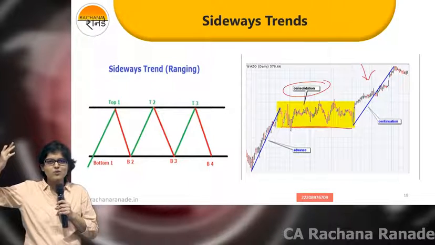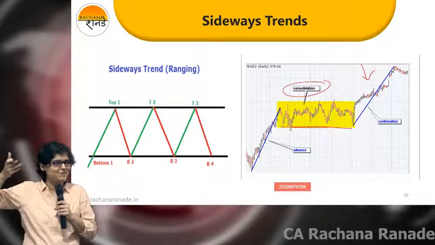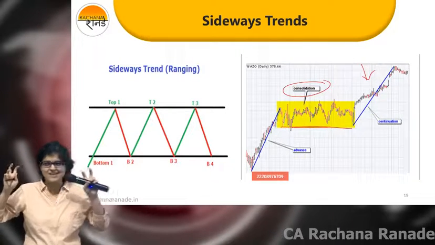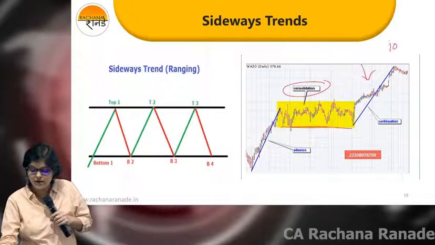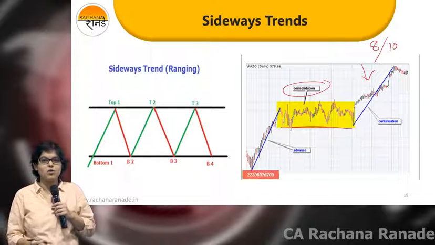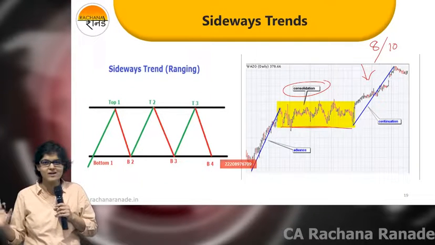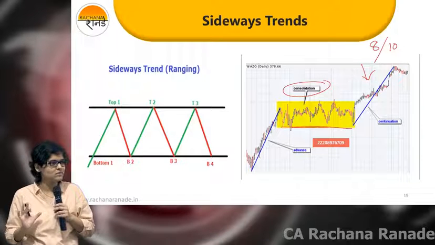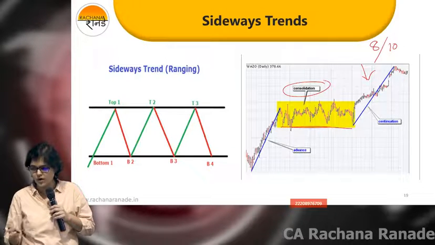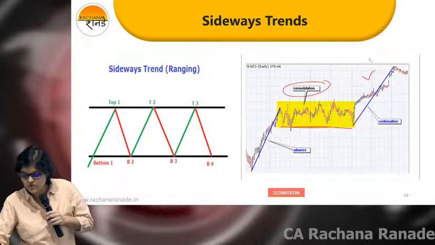Again, I'm always using the words might be, maybe, because this is the ideal scenario. Out of 10, I might be definitely correct 8 times, but no one knows about those 2 times. No one can tell with 100% guarantee. So whatever I'm telling you is 8 out of 10. Always rank like that.